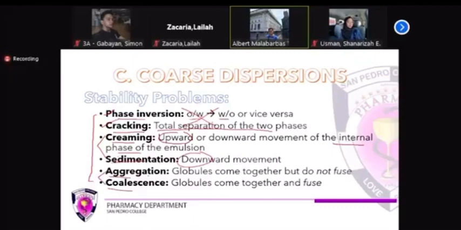In aggregation, globules tend to come together but do not fuse. In coalescence, globules come together and they fuse. That is the difference between aggregation and coalescence. That's why they are interrelated along with your creaming and sedimentation.